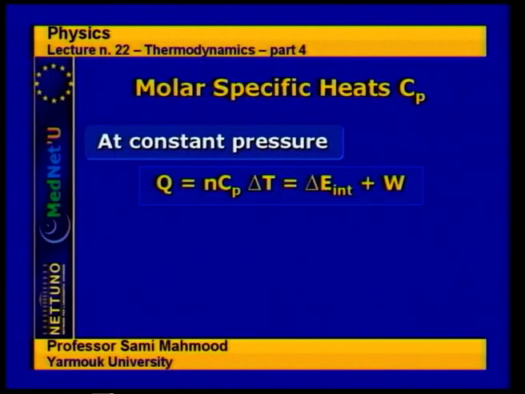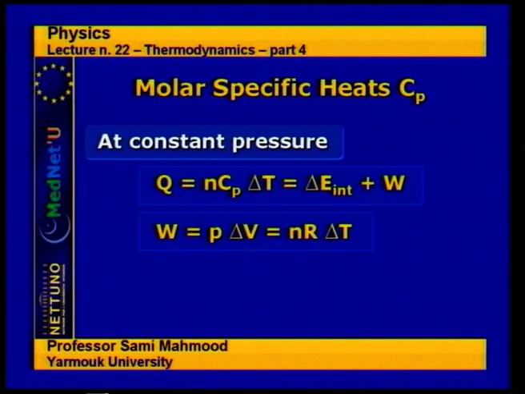The molar specific heat Cp at constant pressure is given by the relation Q equals n Cp times delta T, and that is from the first law of thermodynamics equal to the difference in internal energy, delta E internal, plus the work done.